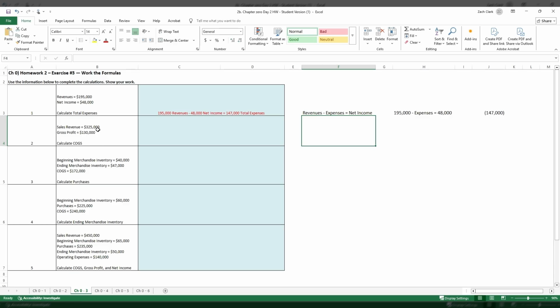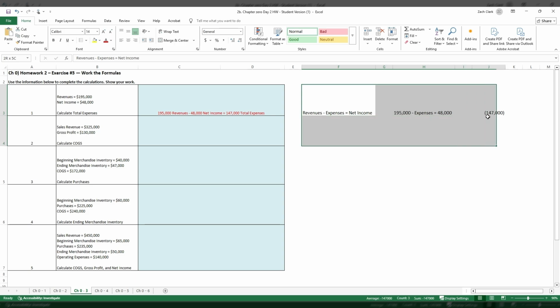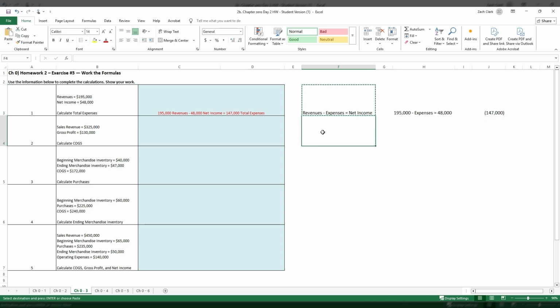Okay, so here we've got sales revenue and gross profit, and we need to calculate cost of goods sold, right? So I'm going to copy this and paste it in, because we can use it as a starting point with the minus and equal sign. So we know sales revenue; I'll say sales revenue minus COGS equals gross profit, right?